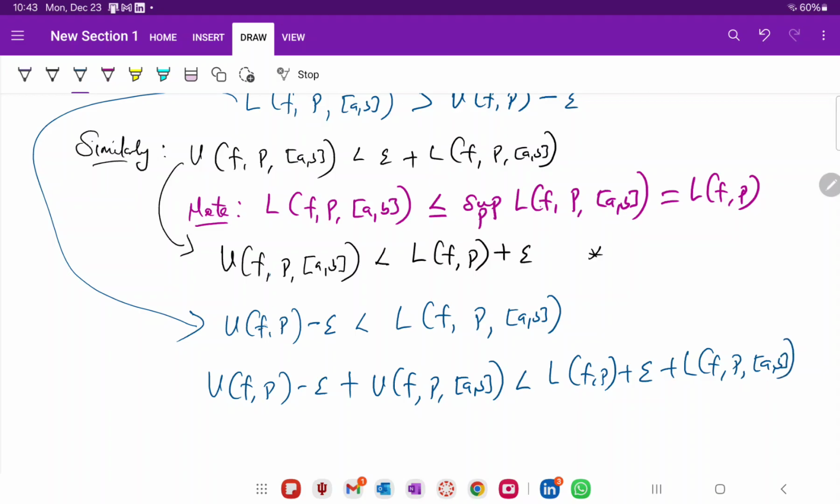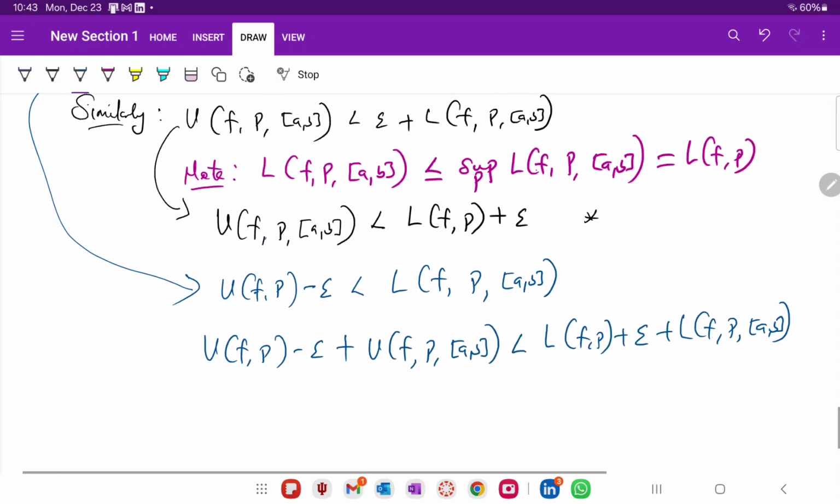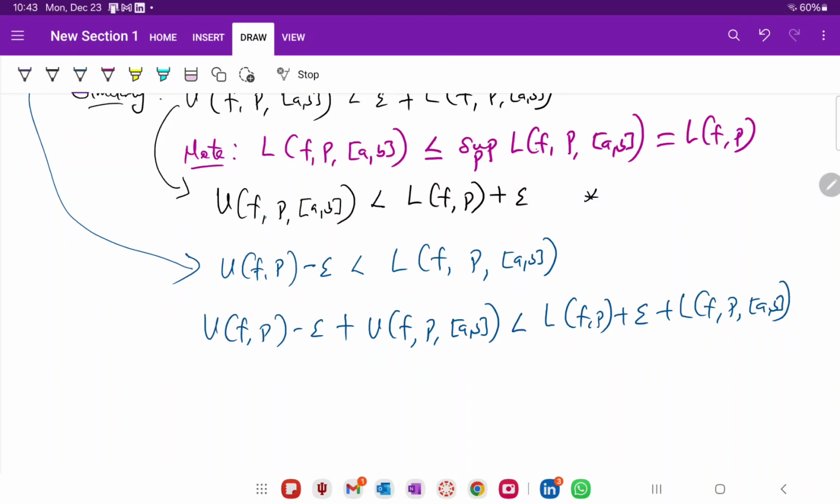So let's just add this up. Then we have the upper Riemann sum, then if we cross this to this side, we have minus the lower Riemann sum, less than. Then we cross this to this side. What do we have?